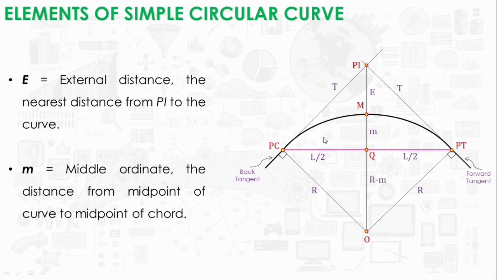If this is M, or the middle ordinate, and this is R, when we rotate this, from O to M is also the radius. So, from O to Q, it becomes R minus M. So, OQ is simply R minus M.